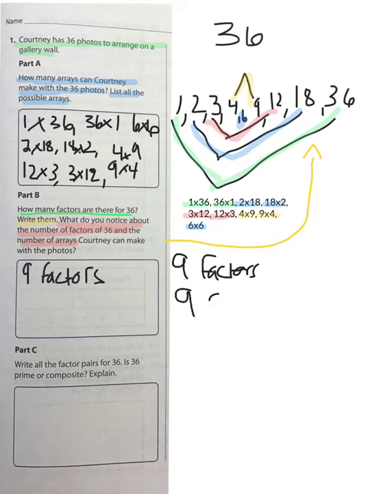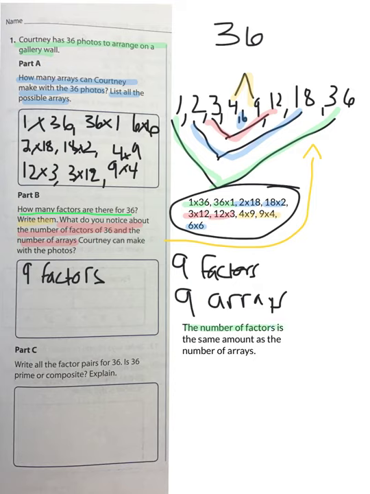There are 9 arrays. So the number of factors is the same as the number of arrays. Make sure that you write this sentence down in your math notebook, because you will have to write it on the test.